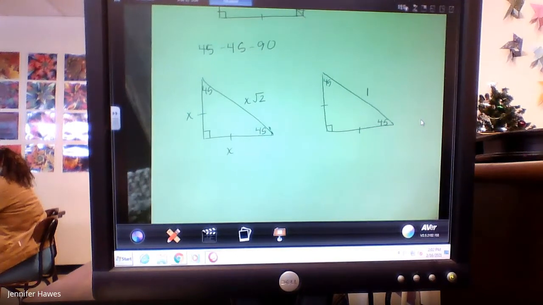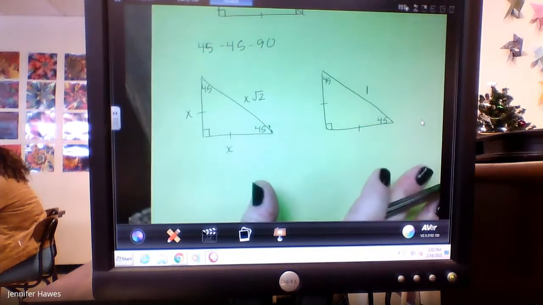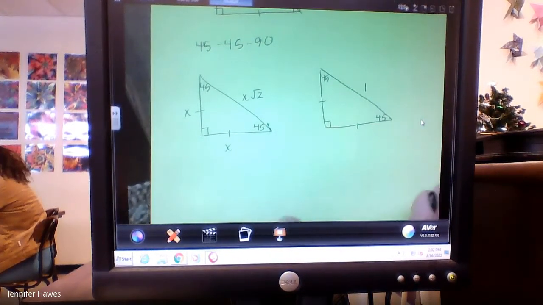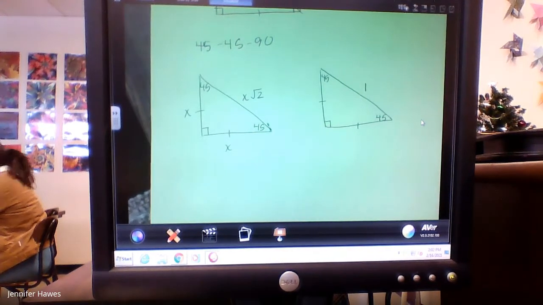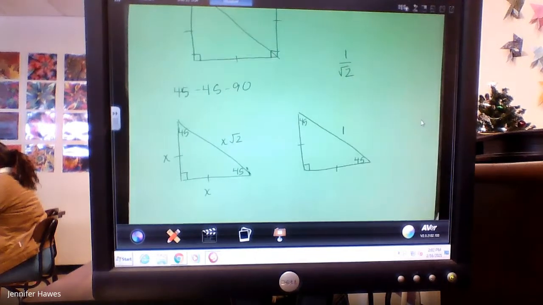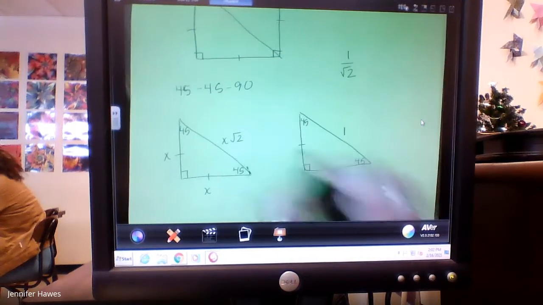So what would my other two sides be if that hypotenuse is 1? Is it 1 over the square root of 2? It'd be 1 over the square root of 2. Simplify 1 over square root of 2 in your head. Root 2 over 2. So remember, how did we do that? We multiplied top and bottom by the square root of 2.